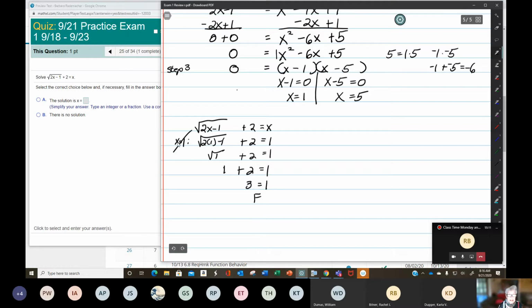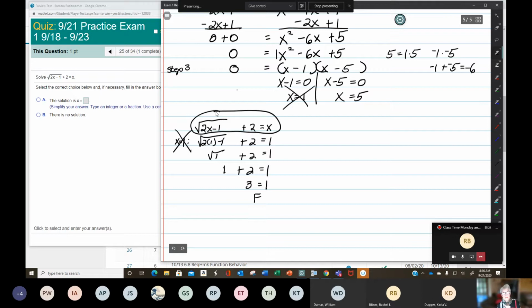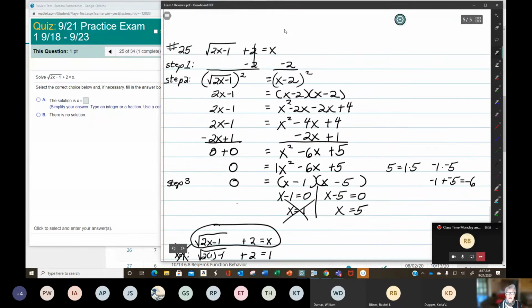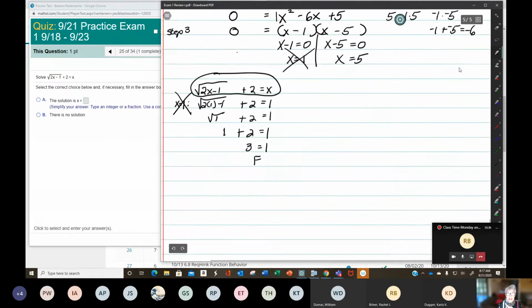What that means is that x equals 1 is not going to be an answer to this line right here. It doesn't mean it was wrong. It is an answer, a solution to this, but just not to the problem we're trying to solve. That's called an extraneous answer. Okay, 1 is extraneous.